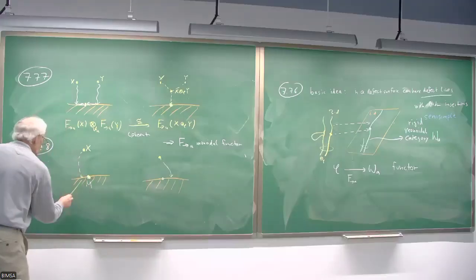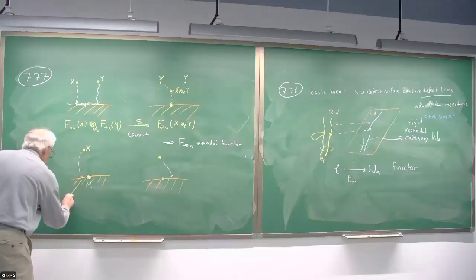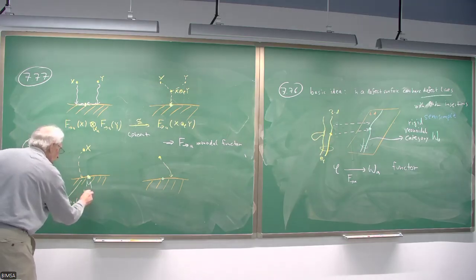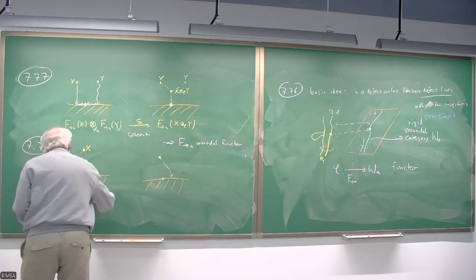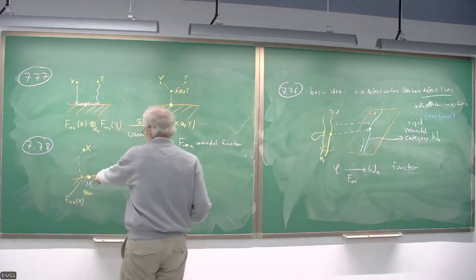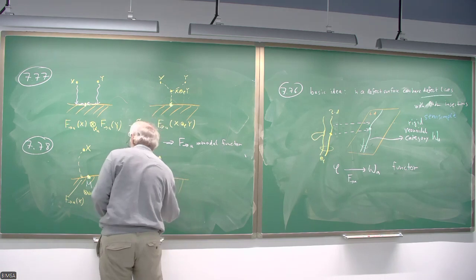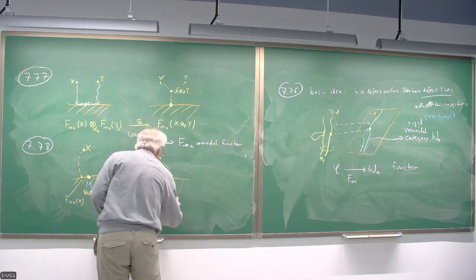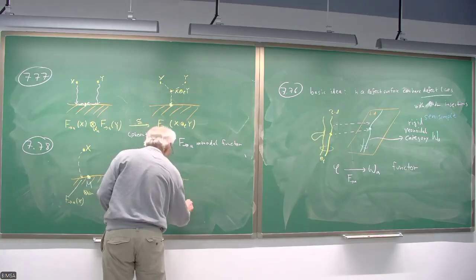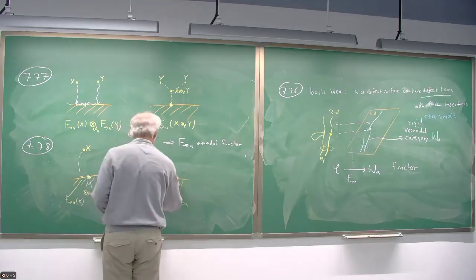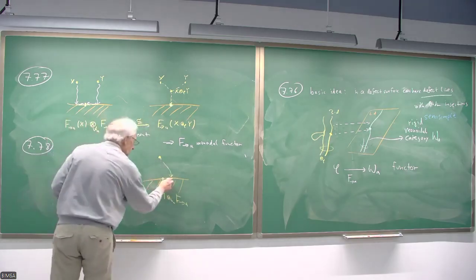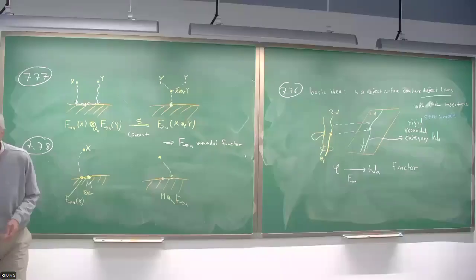So here I would have FA of X tensor M in WA, whereas here I have the tensor product in the opposite order. Well, once I have this, I bring them again close to each other.